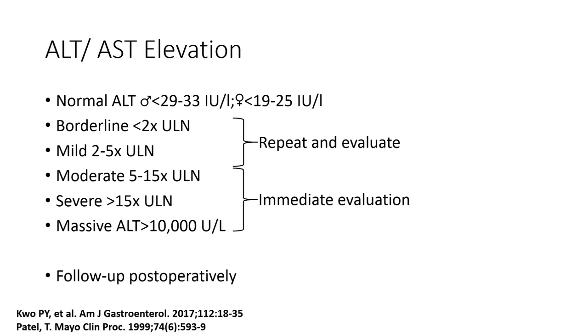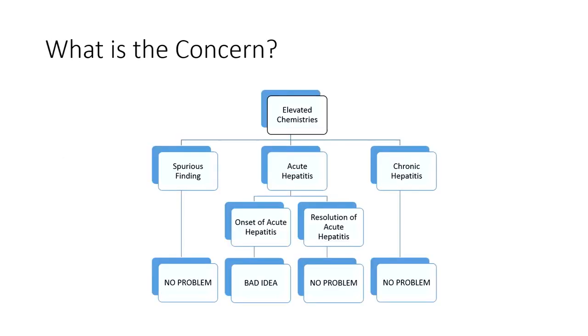In borderline and mild elevations, you still want to repeat and evaluate. However, if it's any higher than that, the patient requires immediate evaluation. Something's going on, and usually you will pick it up again on history and physical and follow up postoperatively. So what's the problem? Why would you be concerned under those circumstances? If elevated chemistries are a spurious finding, it's no problem.